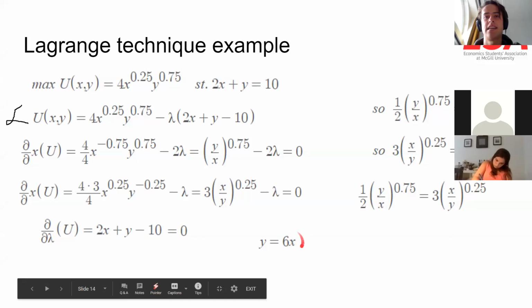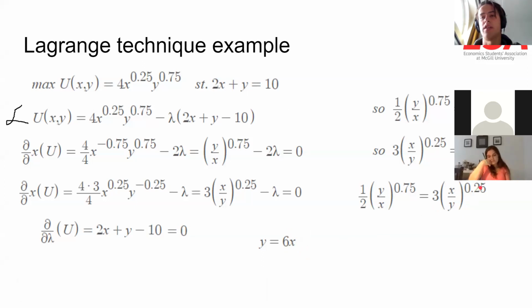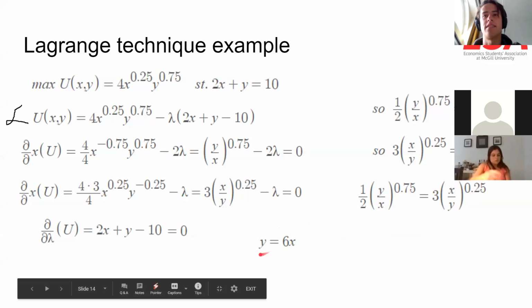I hope that kind of makes sense. And same thing, if we multiply by y to the 0.25, we'll get y to the power of 1. What I also did is multiply the whole equation by 2, which gives us y equals 6x overall.